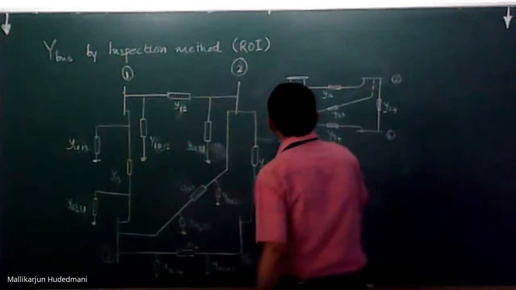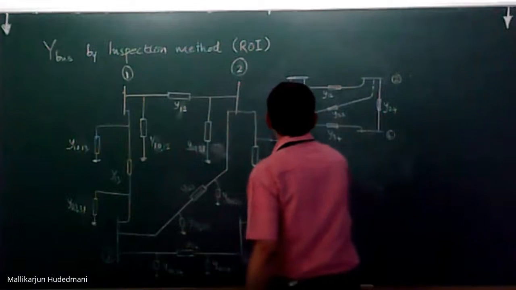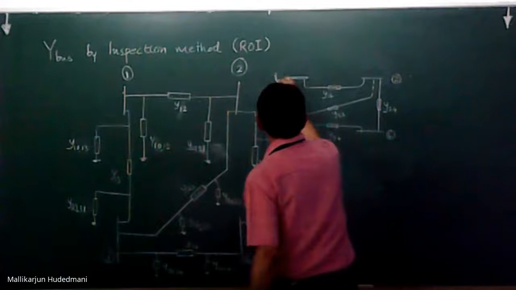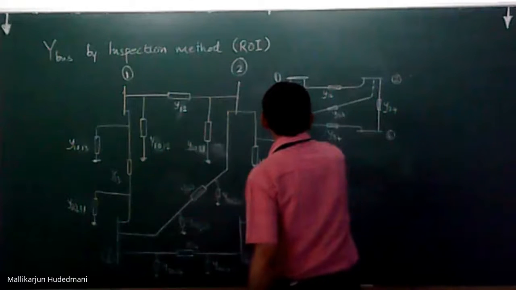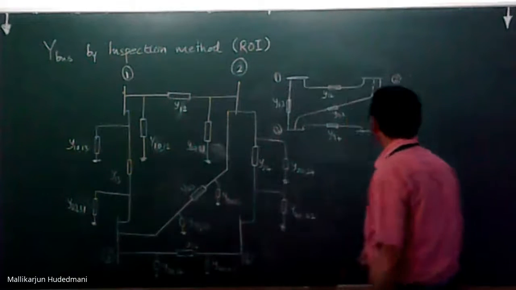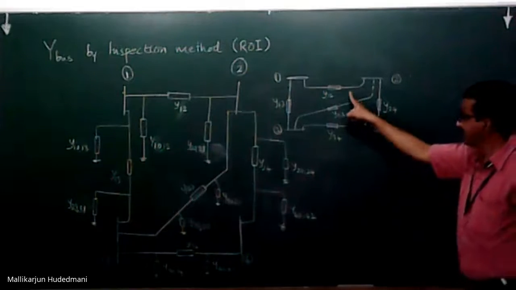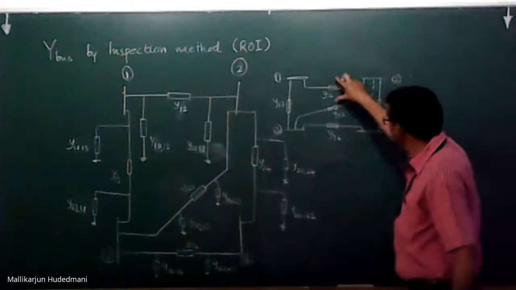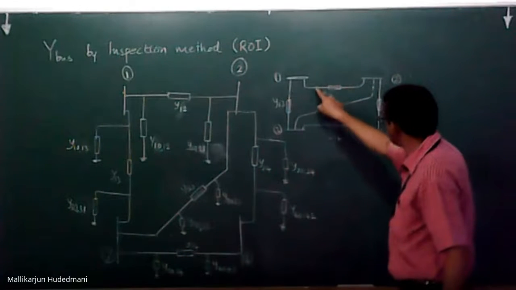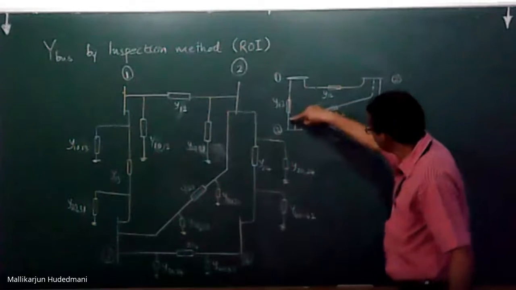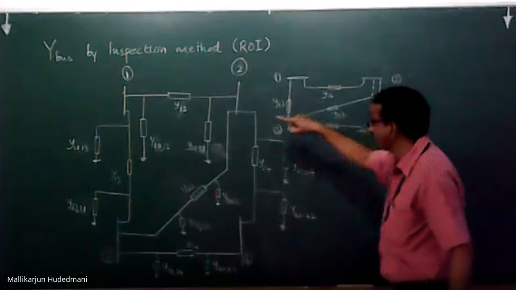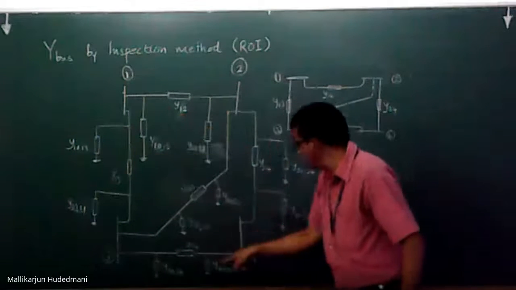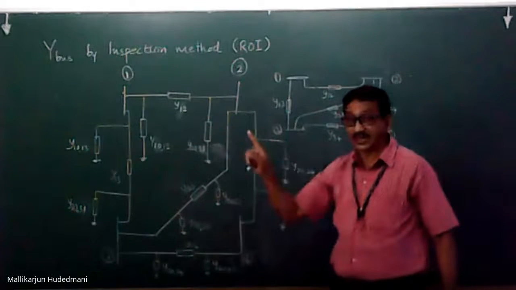So this was bus 3, bus 1, this was Y13 like this. Now if I represent by pi model, each line will become pi, a straight admittance, a parallel to the ground. Straight admittance, parallel to the ground. Can you see here? Every element is represented as a pi model.